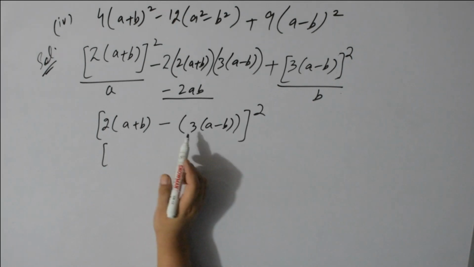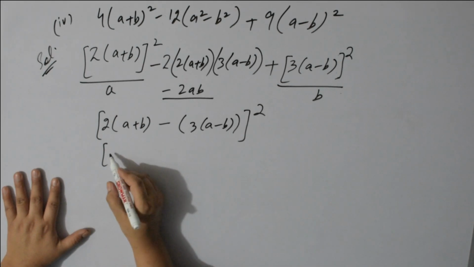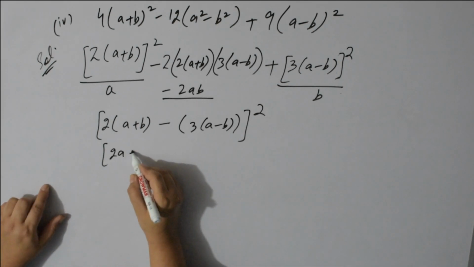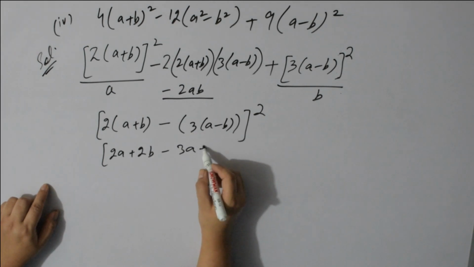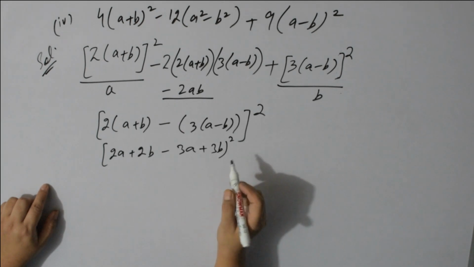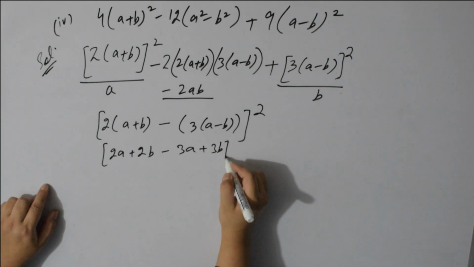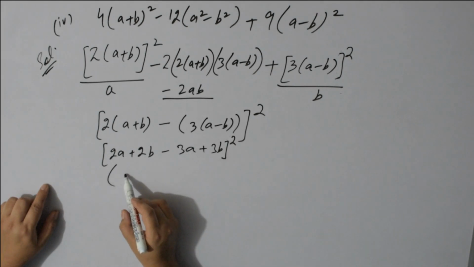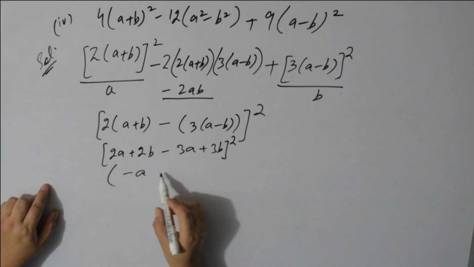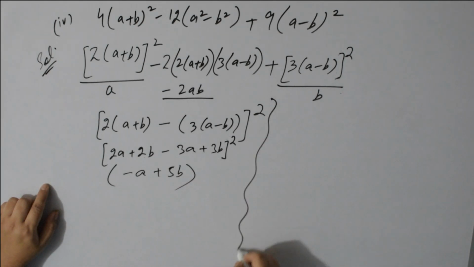So first you will solve, and then after solving you will write the plus minus sign. 2A plus 2B minus 3A minus minus plus 3B. Yes, so 2A minus 3A is minus A, 2B plus 3B is 5B.